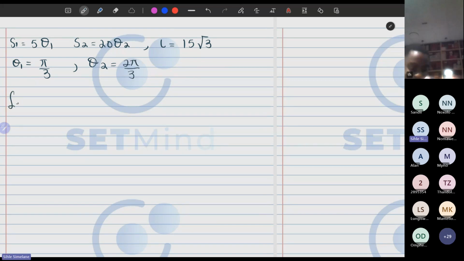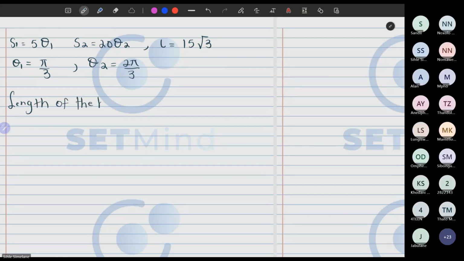So the length of the belt is equal to S1, which is 5 multiplied by pi over 3, plus our S2, which is 20 multiplied by 2 pi over 3, and then plus 15 square root 3.